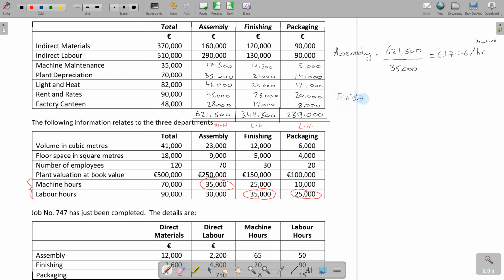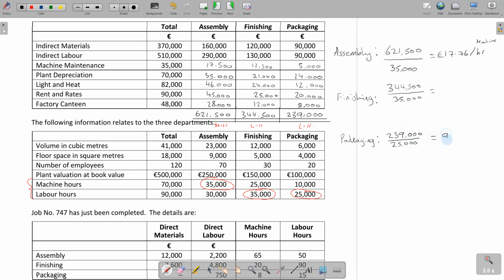Now we look at finishing and we look at packaging. So now when we're talking about finishing, we're going to do 344,500. We're going to divide that by 35,000, which is the labor hours down here. And packaging, 25,000 is the rate we're going to be going on, 239,000.